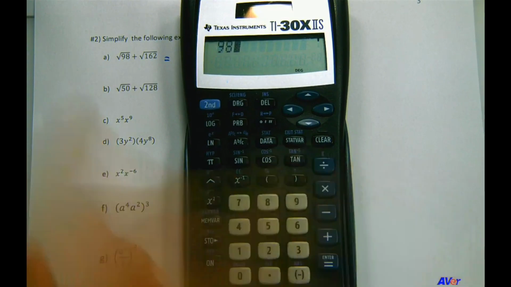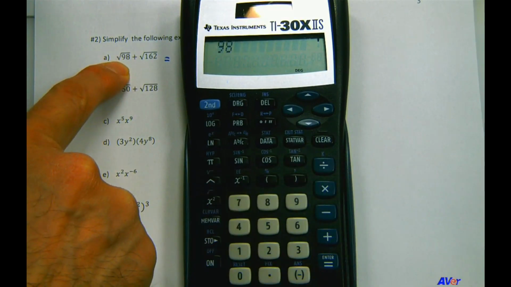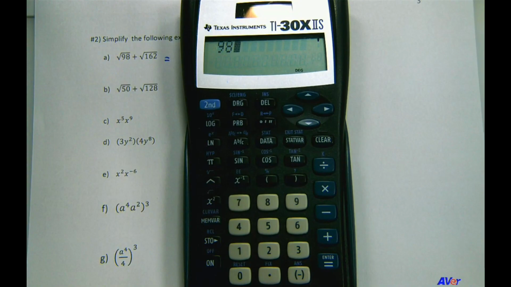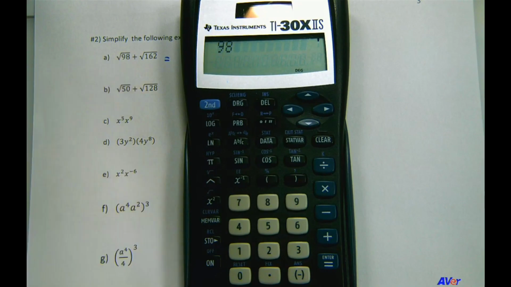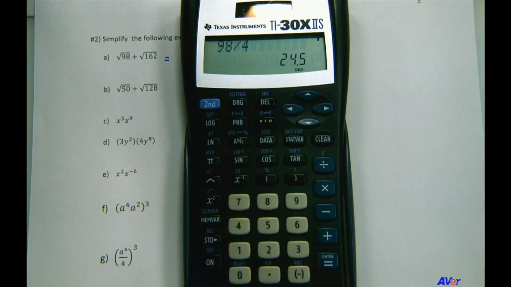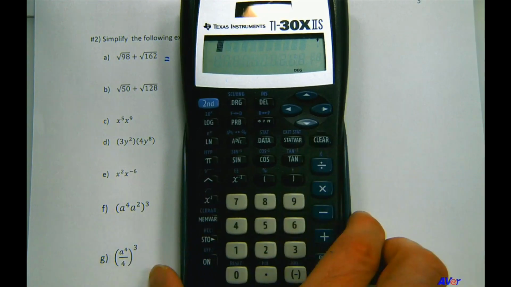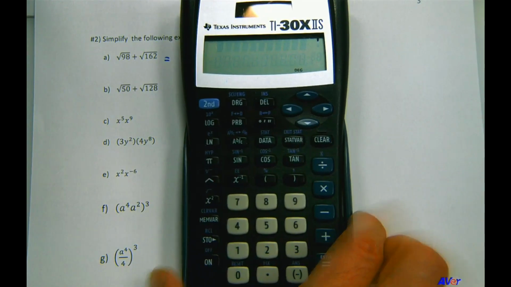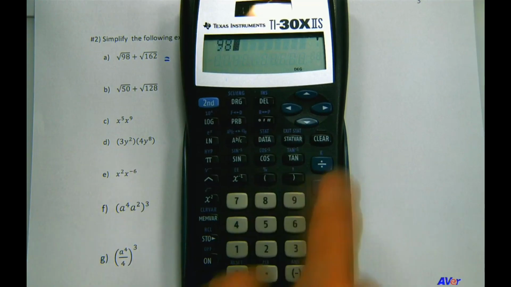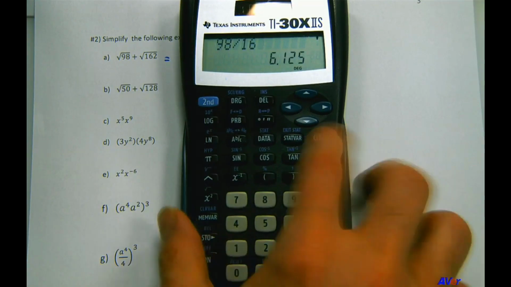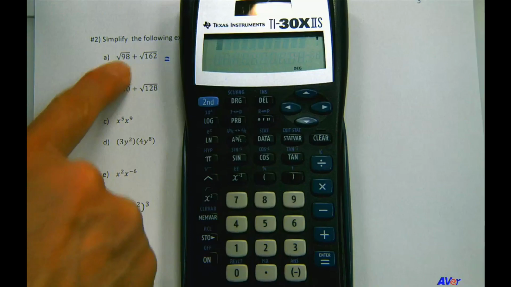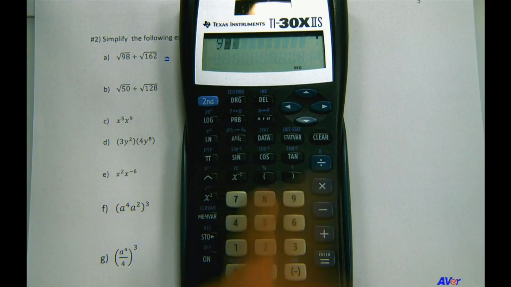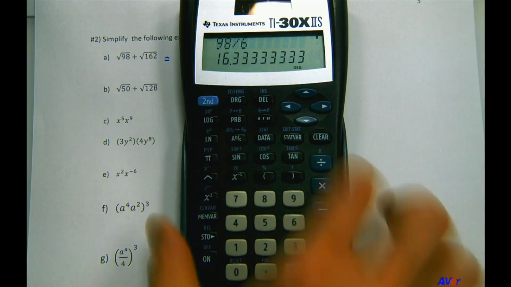But I'm trying to find factors of that. 98 divided by 4, nope, it won't work. 98, what other factors are there? 98 divided by 16, it shouldn't work, no. So let's see, 6 should work. 98 divided by 6, no, it doesn't.